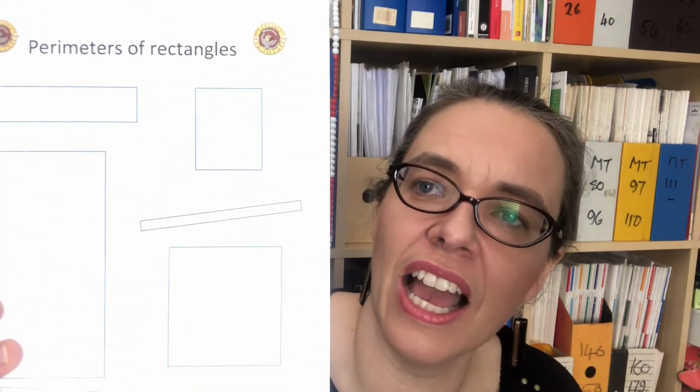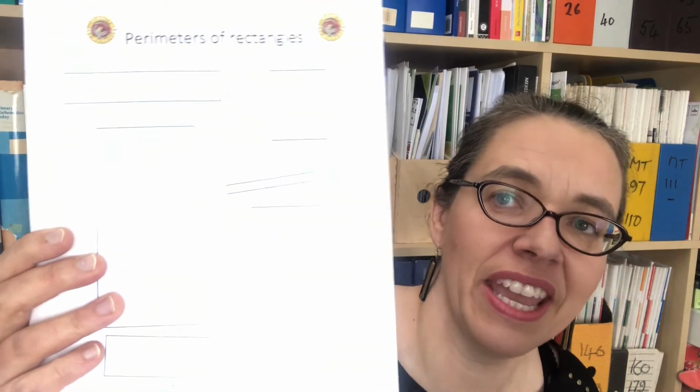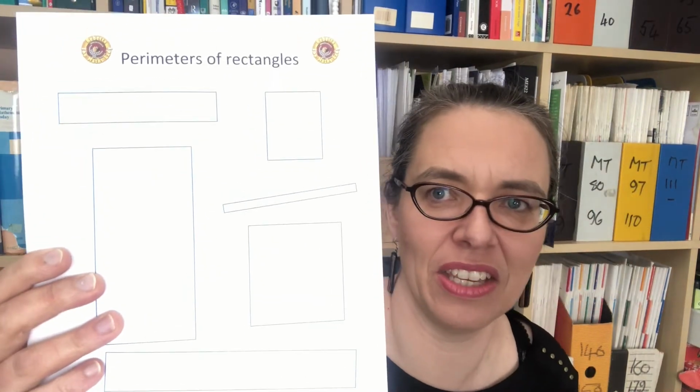Then the next stage of this topic is to start to reason and work towards developing formulas for perimeter. And I would start by giving children a sheet that's entirely rectangles. There's one here that'll be free to download in the usual places, and ask them to find the perimeter of all these rectangles.